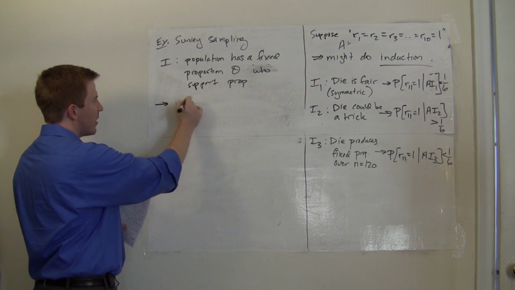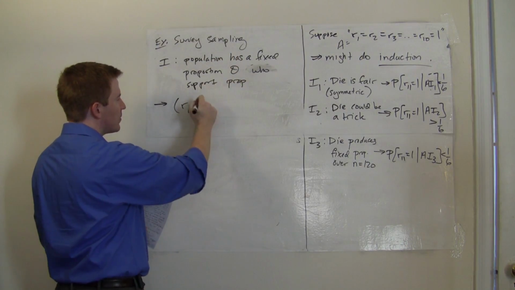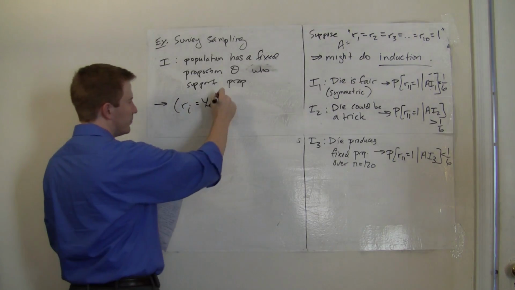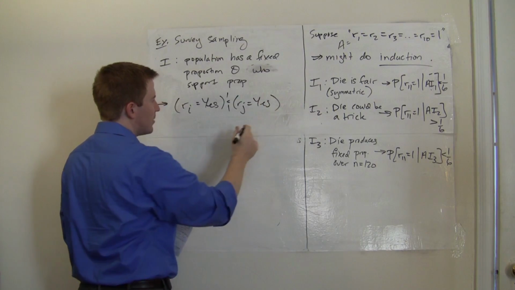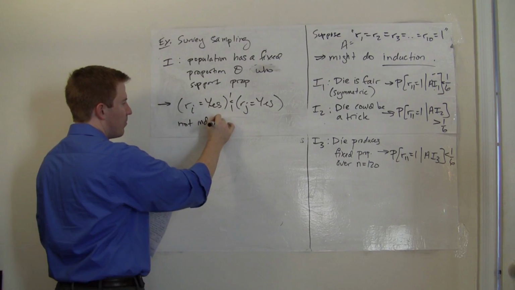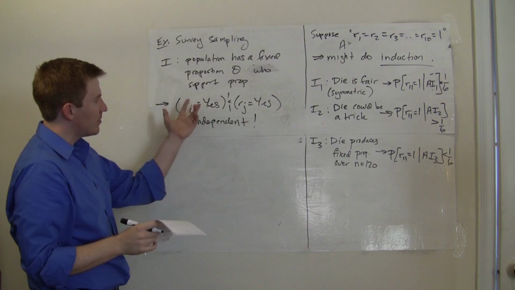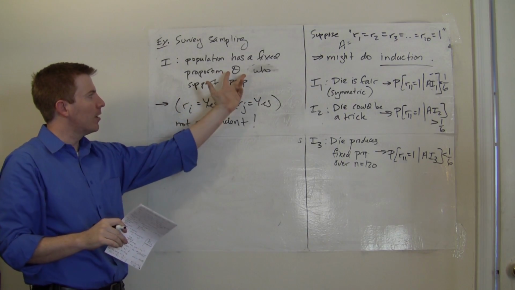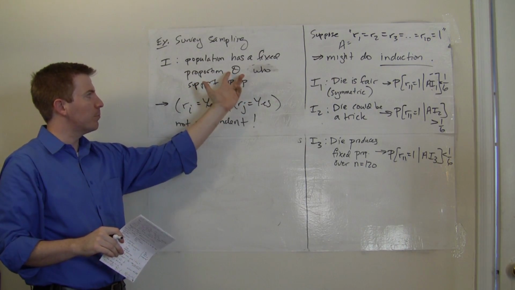What this means is that the events that the ith person we survey gives us a yes response to the polling question, and the jth person answers yes, those events are now not independent. Okay, of course they're not, because if we do a sample of, let's say, one person and we get a yes vote, then that changes our kind of posterior probability assignment to this parameter theta.